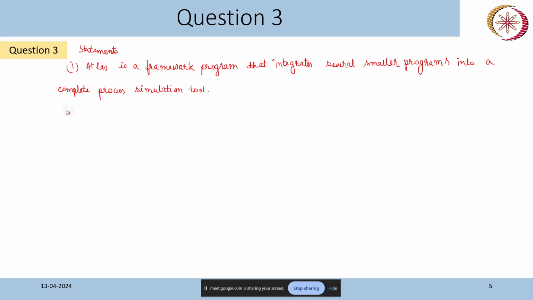Next statement is, Atlas is a physically based 2D and 3D device simulation tool.